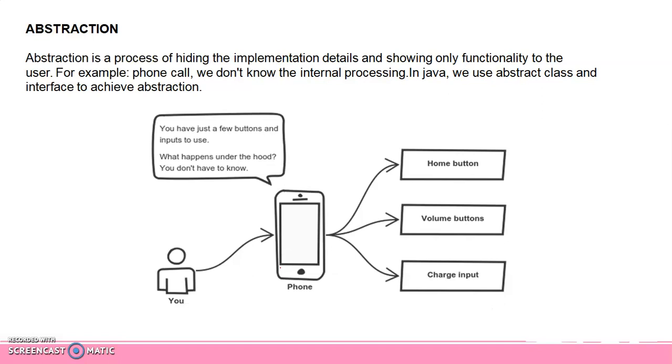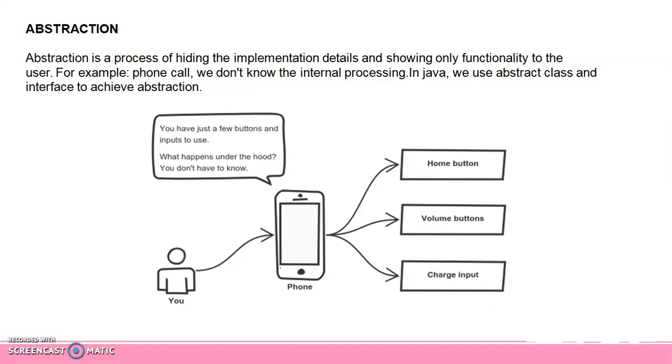User means who? Our developer, our client. So implementation details are hidden and only the functionality is shown. So that is the meaning of abstraction.